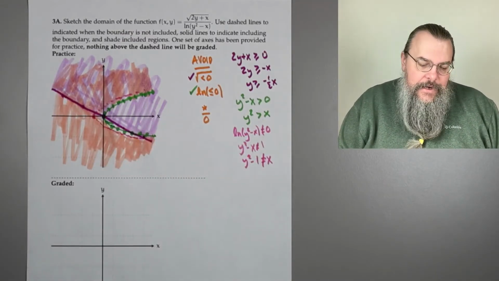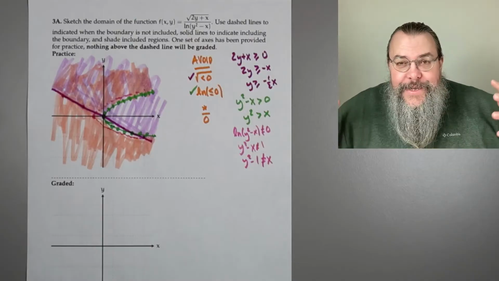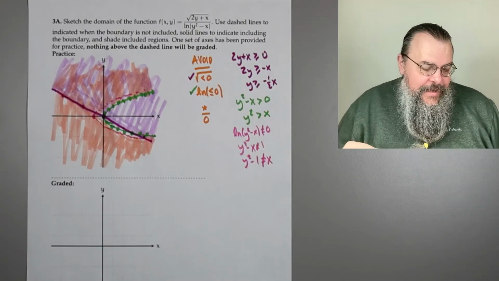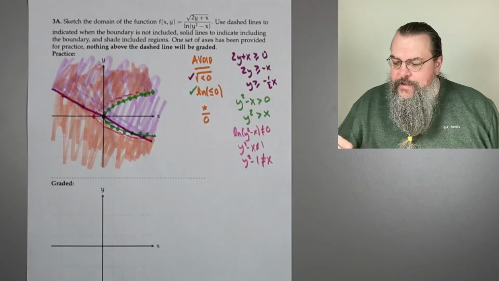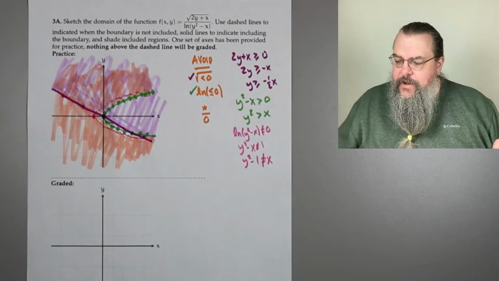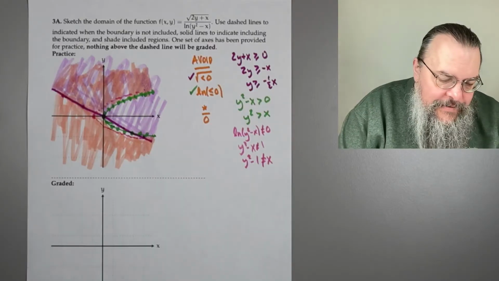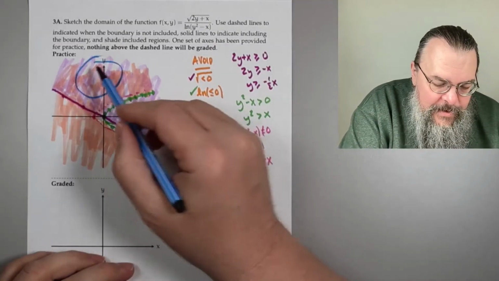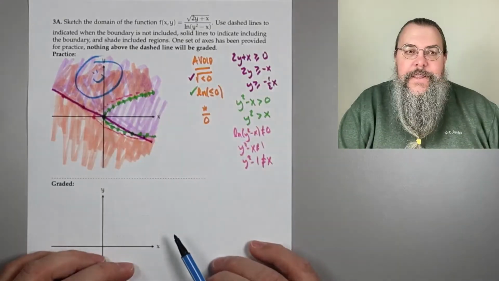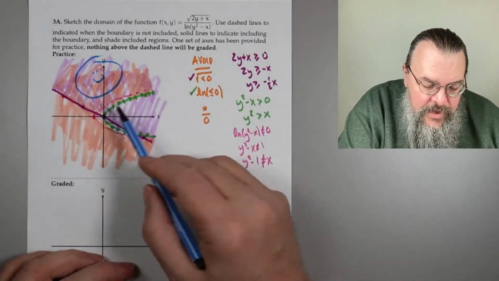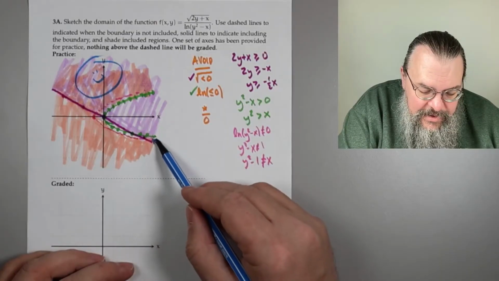Now, the hard part. Where do all these things come together? Some things are easier to spot than others. Let's talk about the parts which are easier to spot. You have all this stuff up here. This is good. We like this part. And you have essentially this piece. But notice this little sliver.